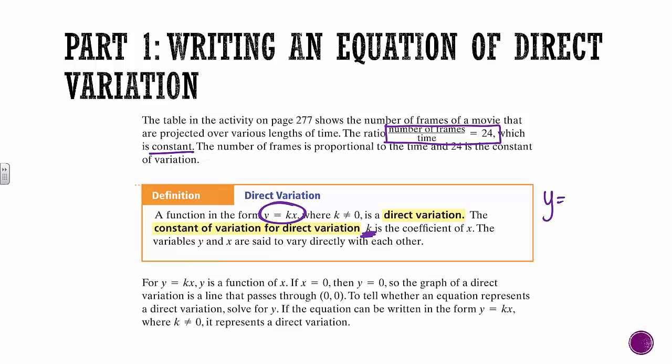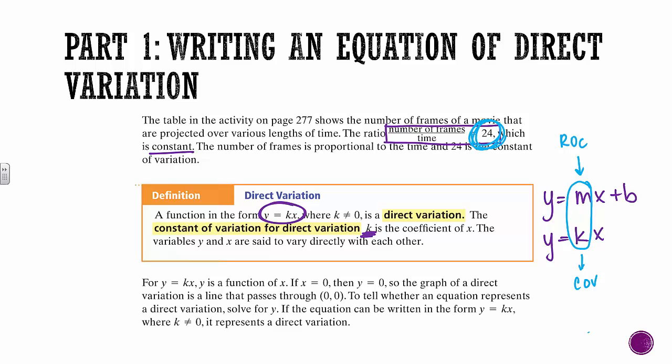So this looks very similar to y equals mx plus b, except 2 important differences. First of all, we use k instead of m, but they kind of mean the same thing. Here we call it the constant of variation, and here we call it the rate of change. But either way, it's what it's changing by.